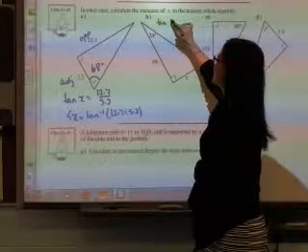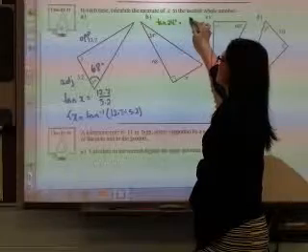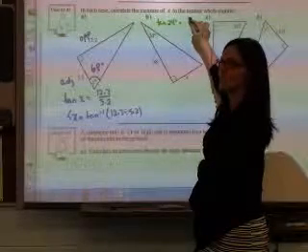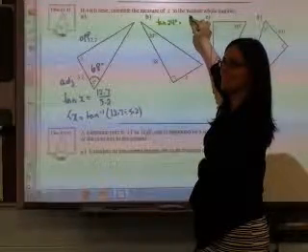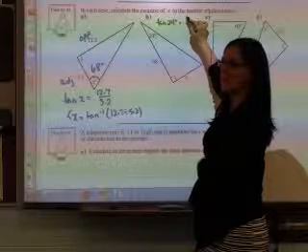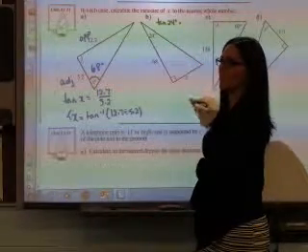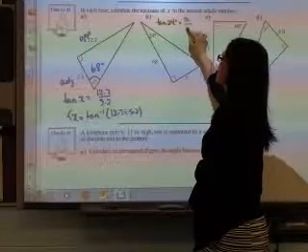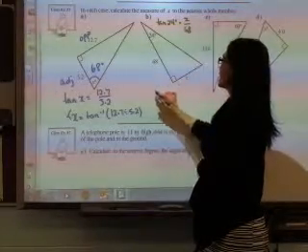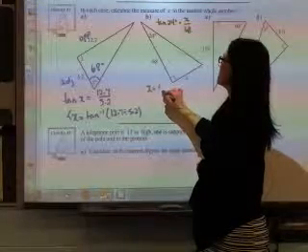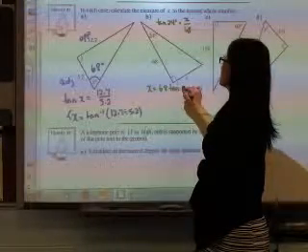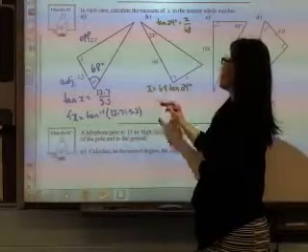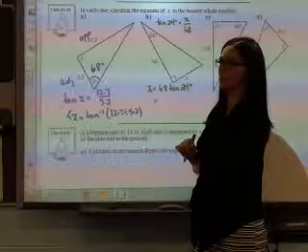Tan 24 equals opposite over adjacent. So it would be X over 6. And then how do I get X by itself? Multiply tan 24 by 6.